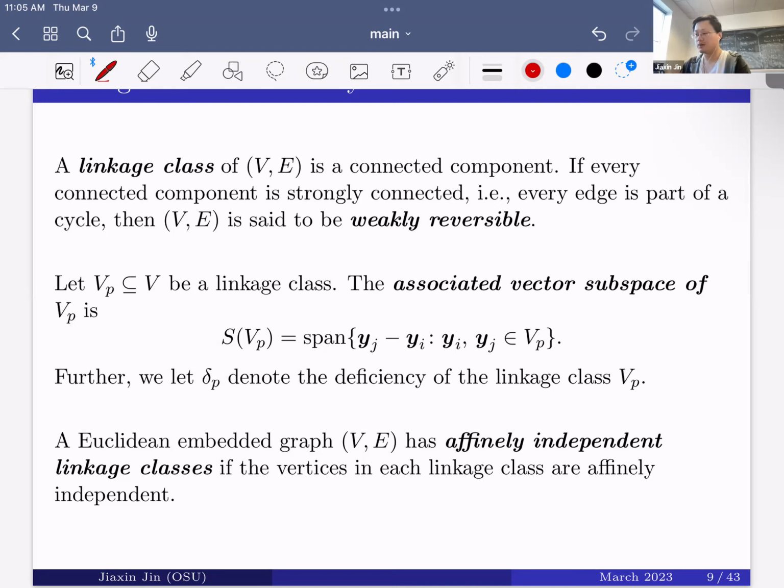We can also define an associated vector space on each linkage class: if we collect the reactions inside one linkage class, we get the vector subspace associated with that linkage class. Moreover, if the vertices in a linkage class are affinely independent, then we call it an affinely independent linkage class. This is the very classical definition, so let me quickly go through them.